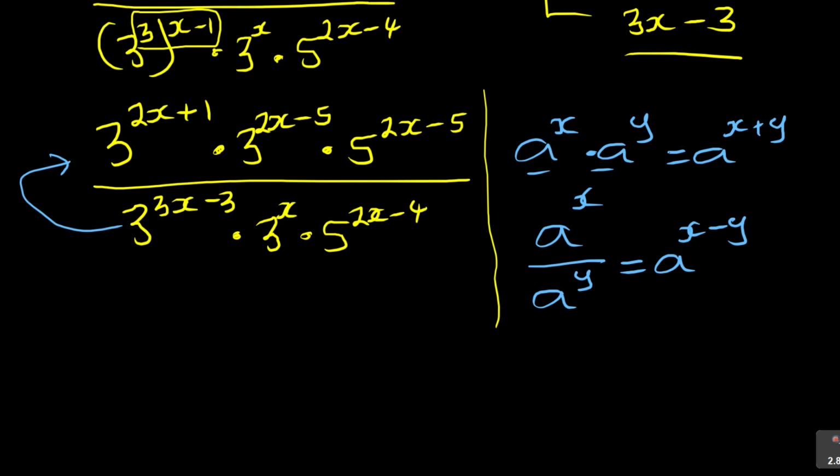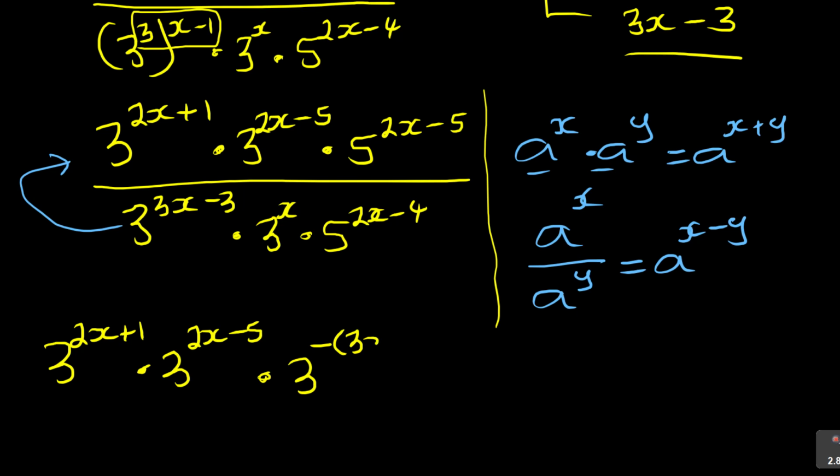I have got here 3 to the power of 2x plus 1, and then dot 3 to the power of 2x minus 5, dot, I'm taking 3 for now, 3 to the power negative bracket, remember negative y, negative 3x minus 3.